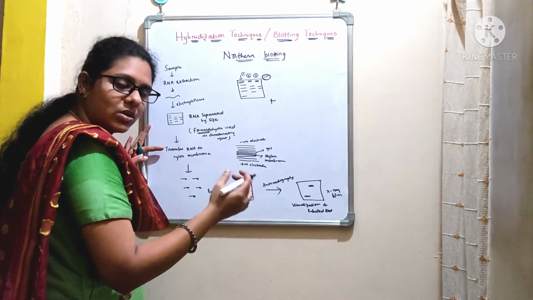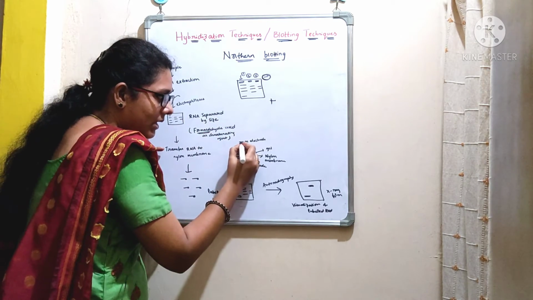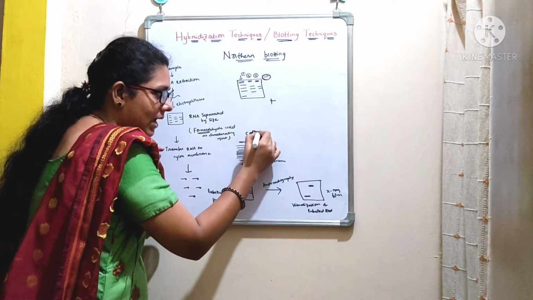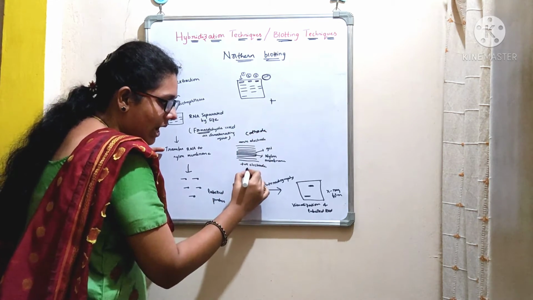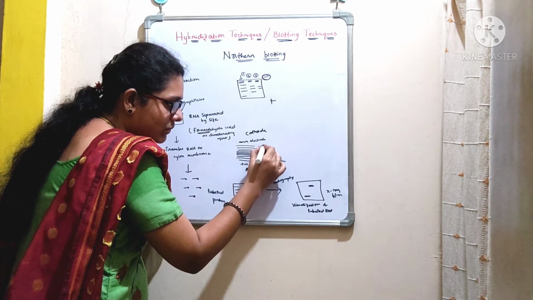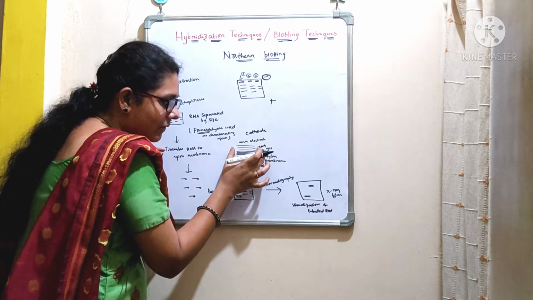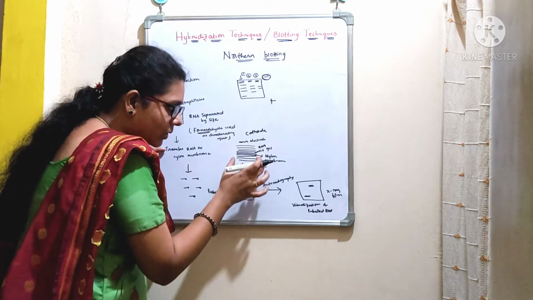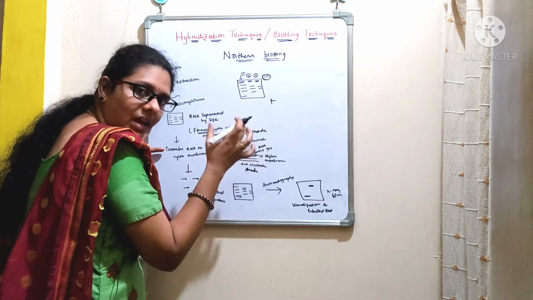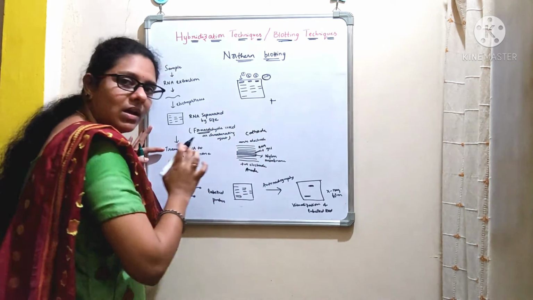And now when you switch on the power, here there will be a negative charge and here there will be a positive charge. So this will be the cathode and this will be the anode, right? So the nucleic acid, that is the RNA bands which are present on the gel, will move towards the opposite charge. Here the RNA molecules which are carrying the negative charge will move towards the positive charge.